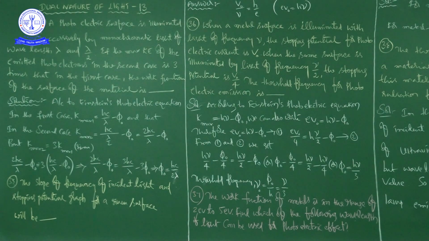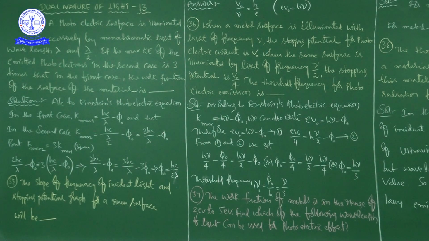See here, a photoelectric surface is illuminated successively by monochromatic light of wavelength lambda and lambda by 2. If the maximum kinetic energy of the emitted photoelectrons in the second case is 3 times that in the first case, the work function of the surface of the material is.